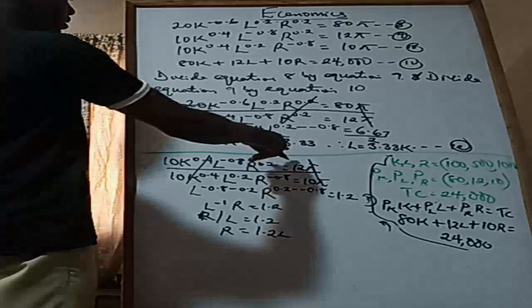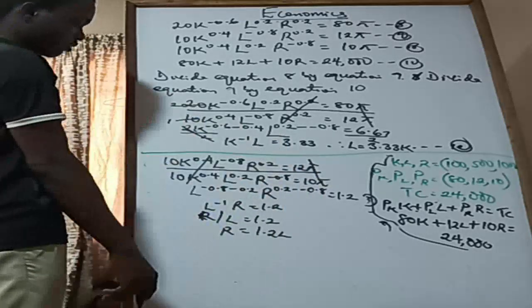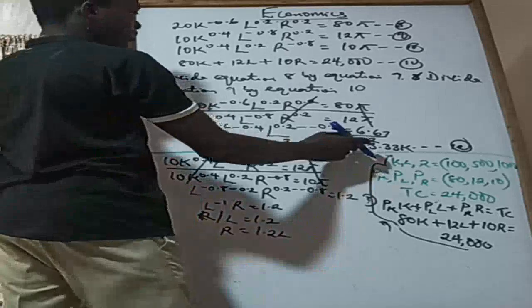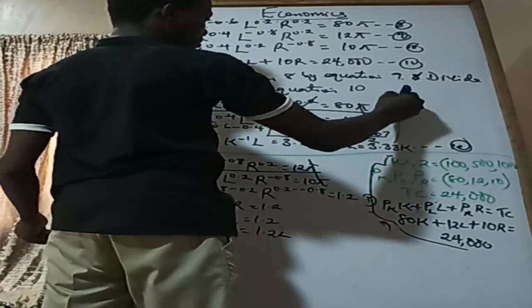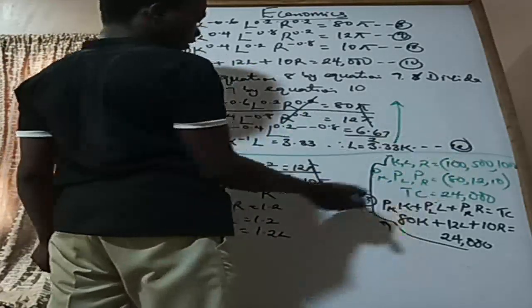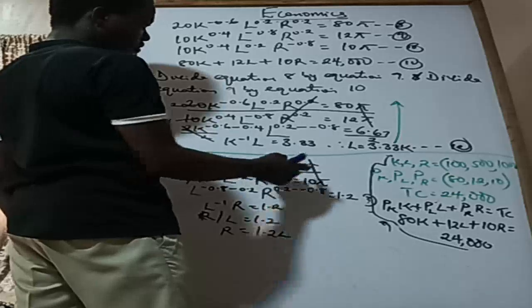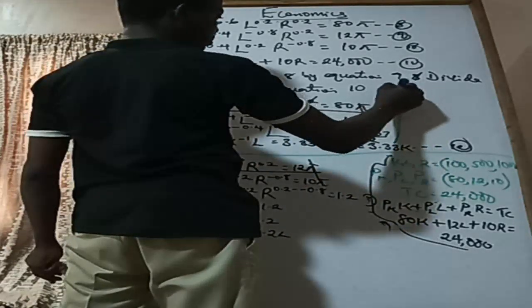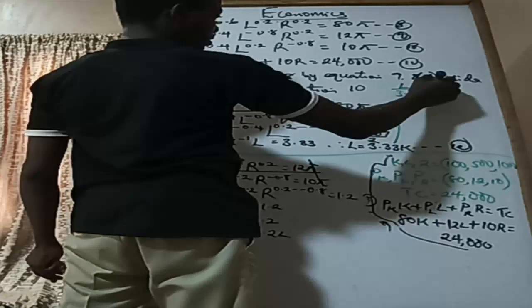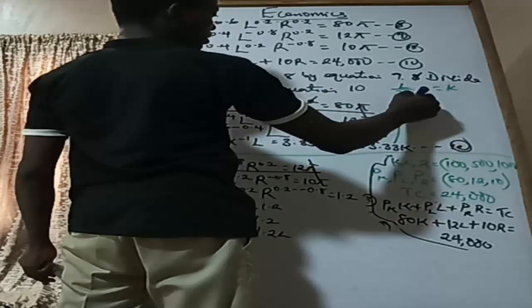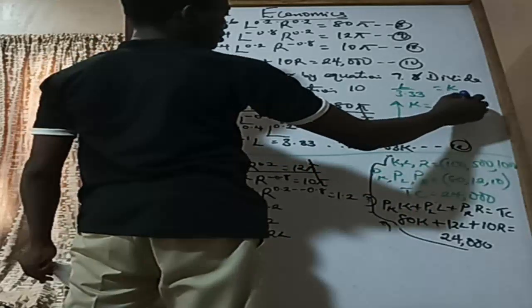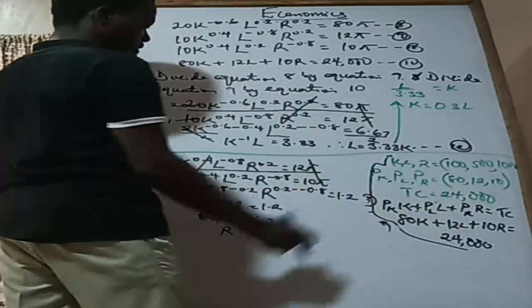So I think here I should also make k the subject in this place. So I'll be dividing through by 3.33. So I'll be having L over 3.33 equals K. So K equals 0.3L.